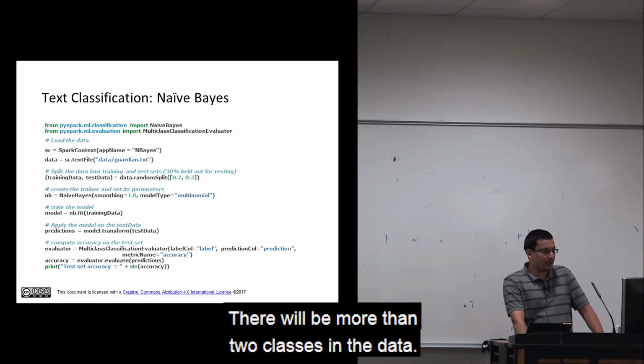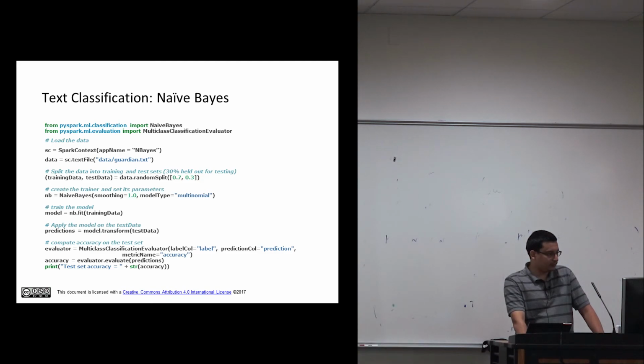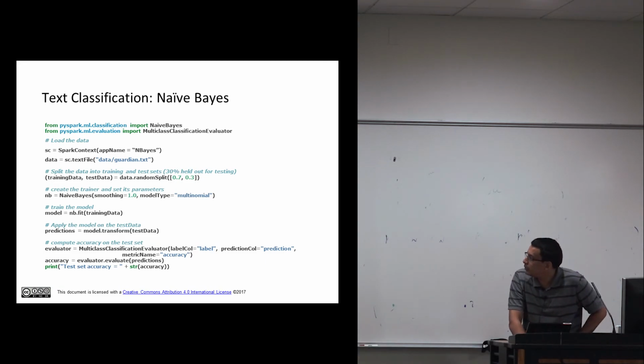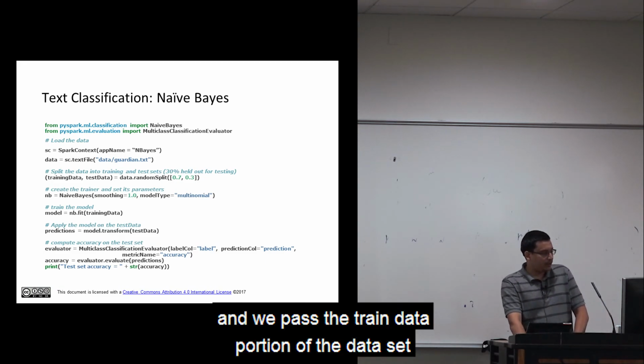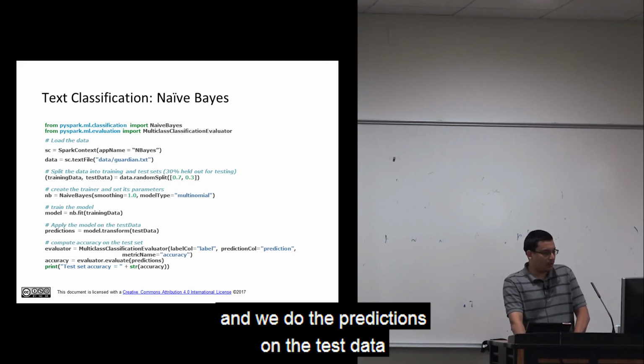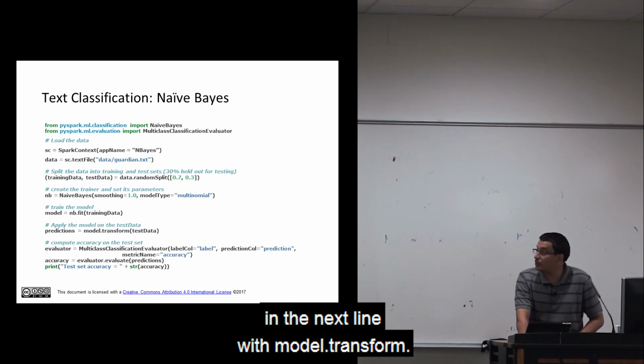There will be more than 2 classes in the data. Then we train the model with the nb.fit method, passing the train data portion of the data set, and we do the predictions on the test data in the next line with model.transform.